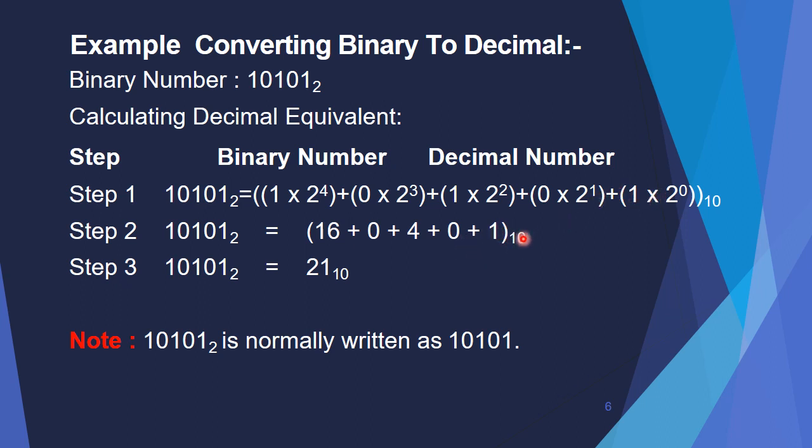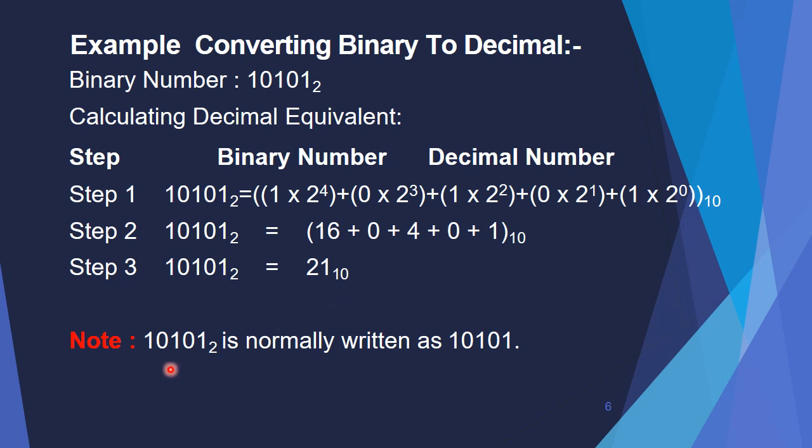Since it is getting converted into decimal, I have kept this 10 as the base, since a decimal number has the base 10. Now we just need to add them up. 16 plus 4 is 20, and 20 plus 1 is 21. So this binary number 10101 to the base 2 is equal to how much? 21 to the base 10.